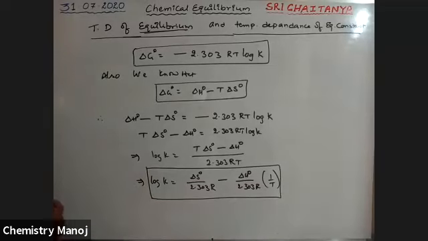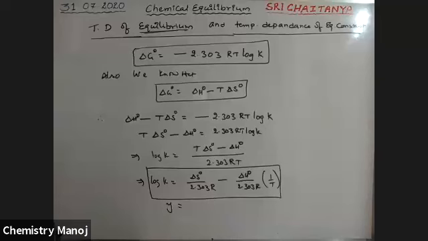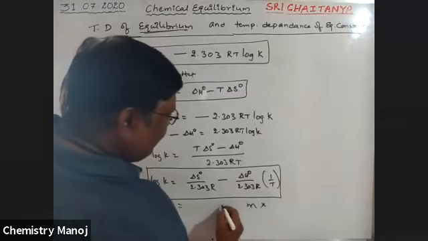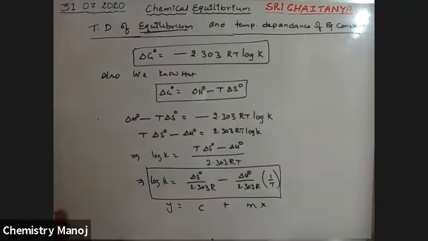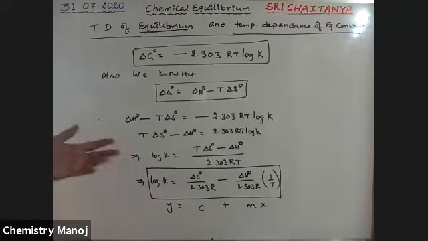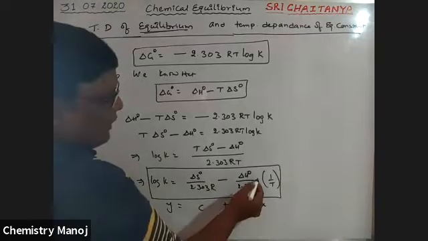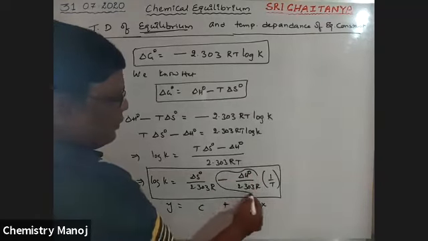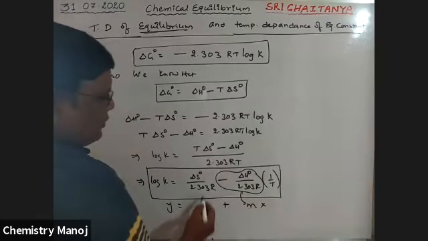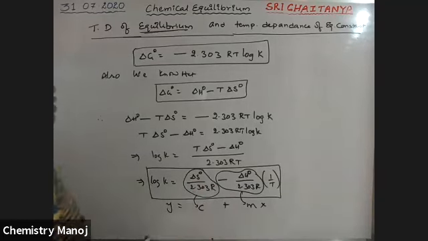If you draw a graph, log K on the y-axis, it is mx plus c form. It is an equation not passing through the origin, but previously in the case of delta G, it passed through the origin. Here the slope m is this much, and this is the intercept value, which should be a positive intercept.